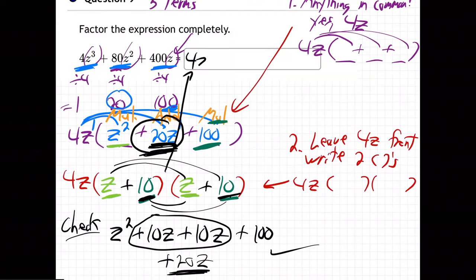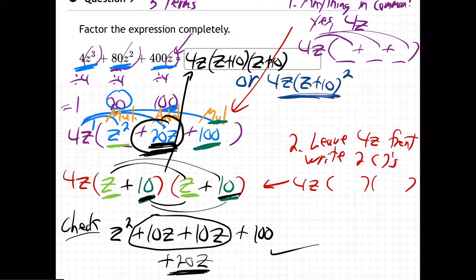So it's 4z in the front, and it's z plus 10, z plus 10. Now, notice we have the same exact thing twice, right? So if you want, you could write it 4z, z plus 10 squared.